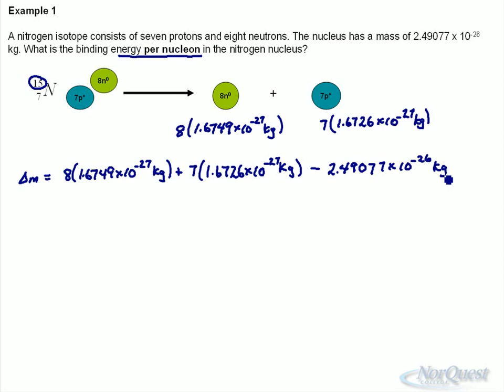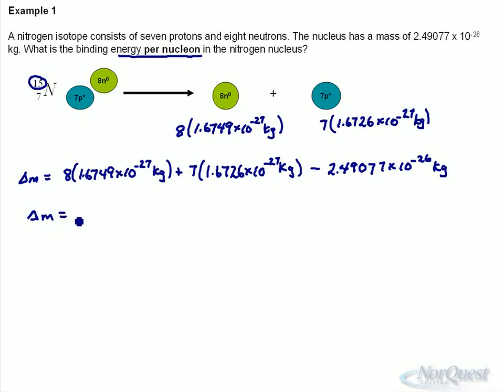So 8 times 1.6749 to the exponent negative 27 plus 7 times 1.6726 to the exponent negative 27 subtract 2.49077 the exponent negative 26, and you get a change in mass, and it should be a very small change in mass.